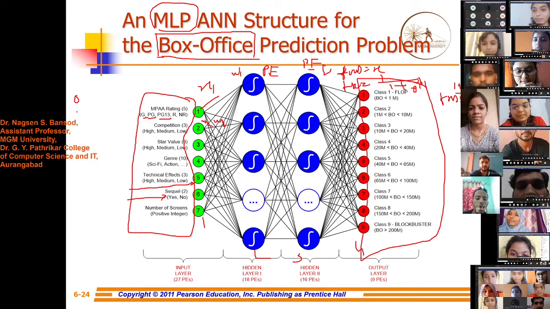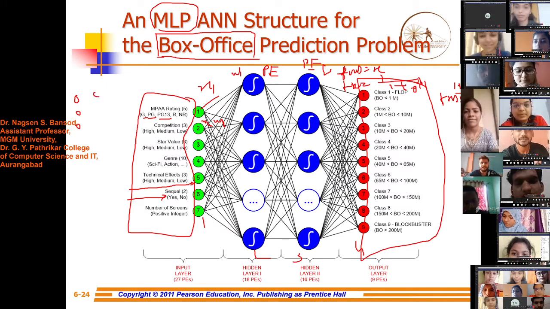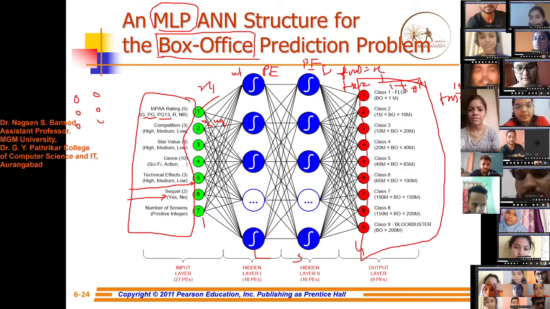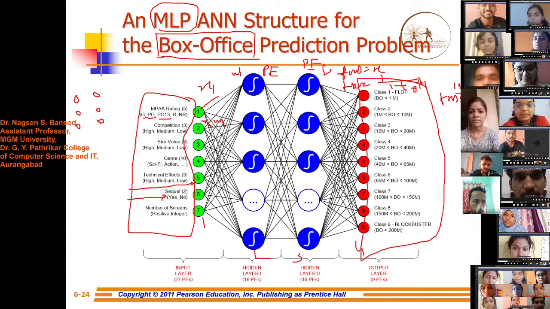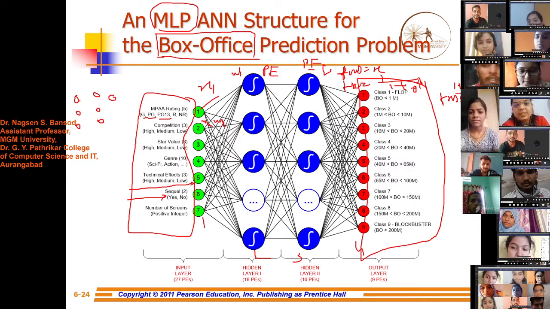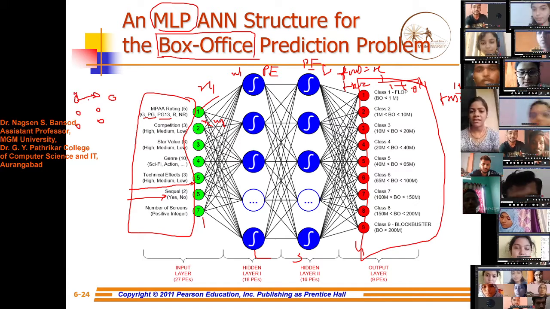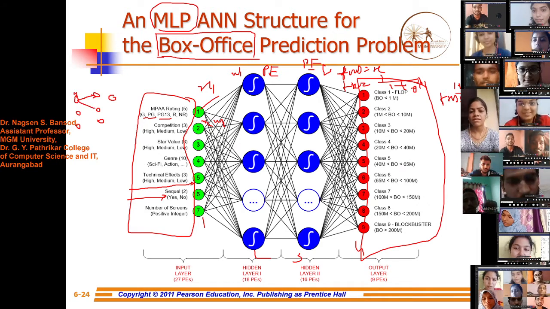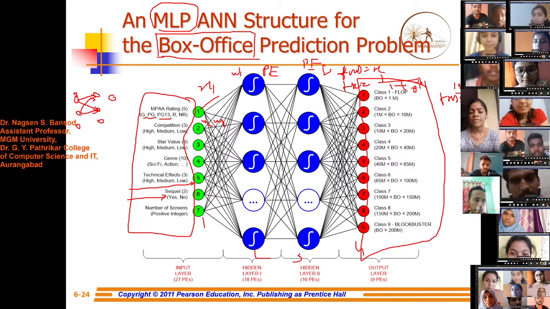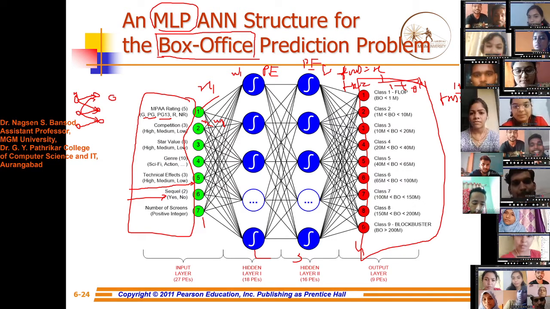Suppose we have input 1, input 2, input 3, and suppose we have hidden layer 1, 2, 3, or suppose there are only two elements in one hidden layer. Then we will join this input to the hidden layer, means this will be our x1, this will be w. Again we will join from here to here, again from here to here. Like this we should be able to.